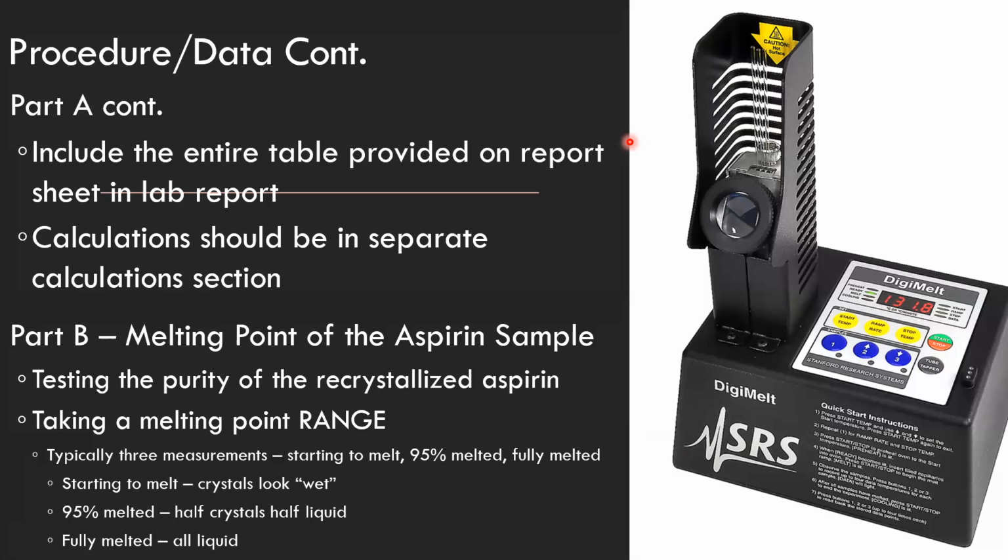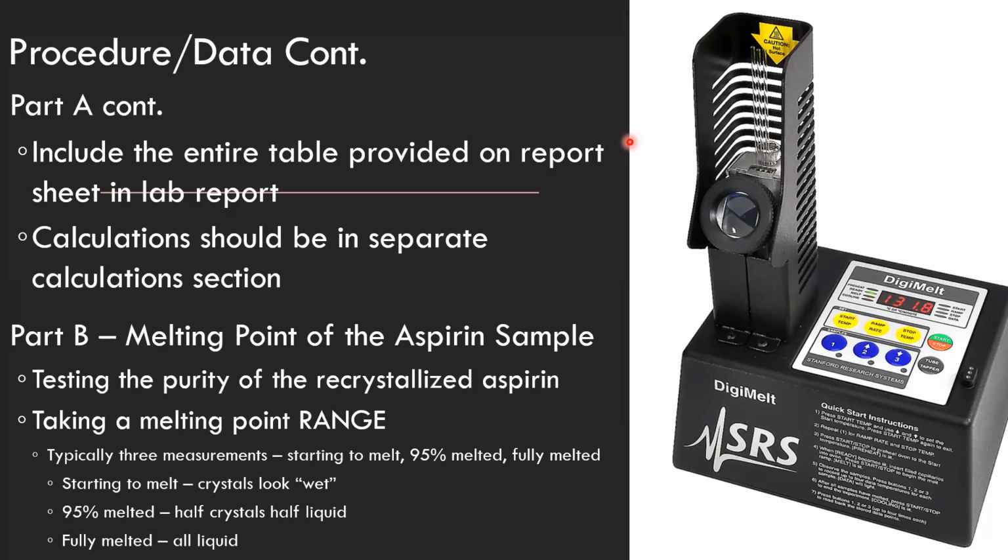I want you guys to include that and fill it out in your data section. And then make sure to include a separate calculation section that shows the calculations for everything in the table for one of the trials, not all the trials, just one. And then the calculation section, once again, should be separate from your data section.